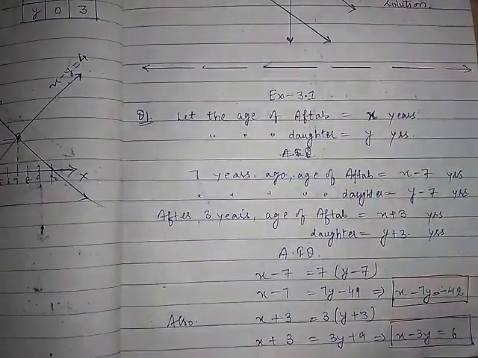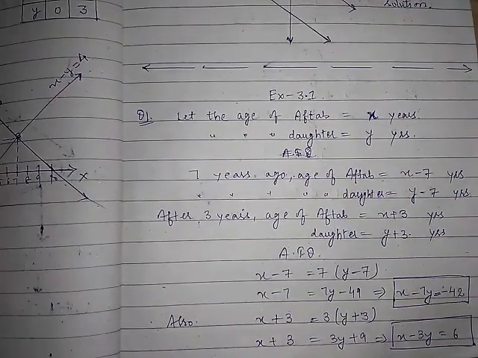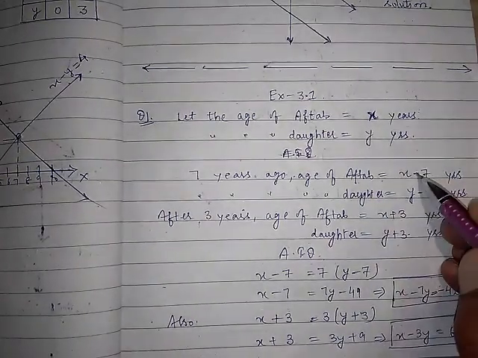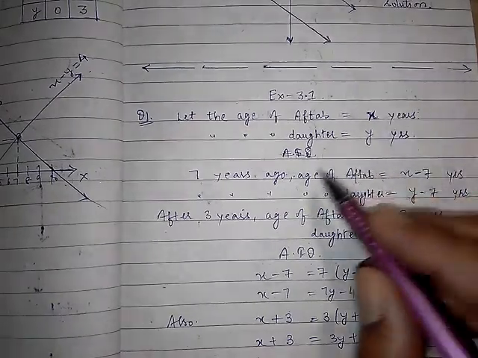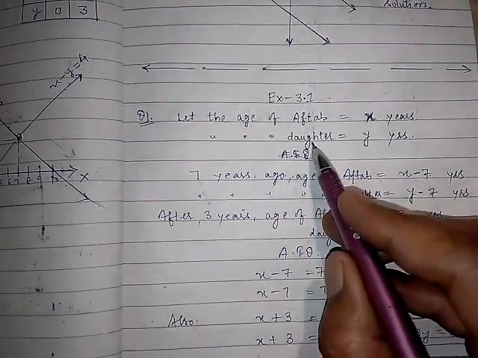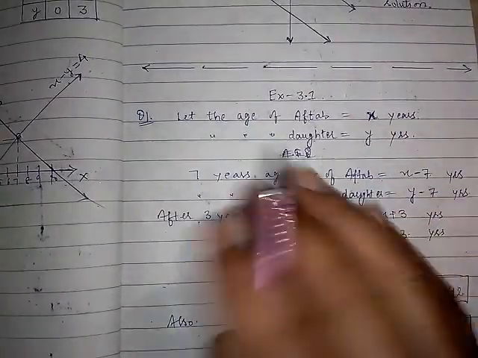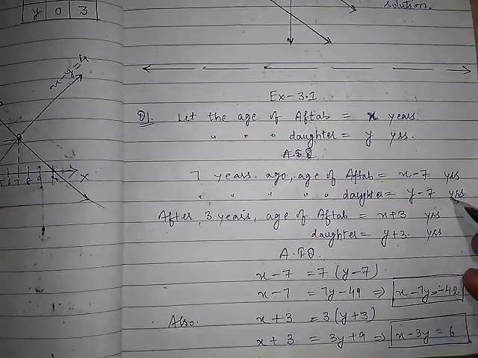If today anyone is 15 years old, then 7 years before he will be how many years? 15 minus 7. So we need to subtract 7 from that. Today present age is x years, and before 7 years it will be x minus 7. Today present age of daughter is y. 7 years ago it was y minus 7 years, right?